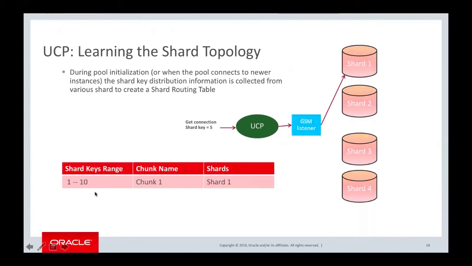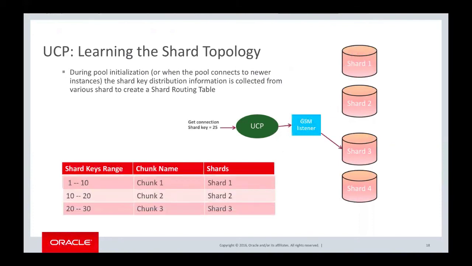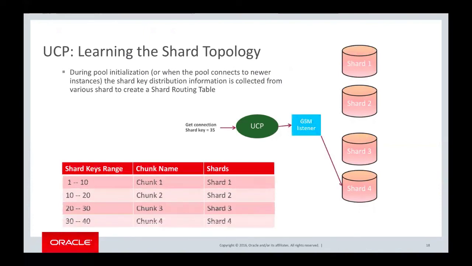You can see here, UCP will say, okay, shard keys 1 to 10 belong to chunk 1 in shard 1, and it does the same thing for the others. Every time you access a shard for the first time, we dump the topology. So at this time, UCP has the entire topology, the same thing the shard director has.